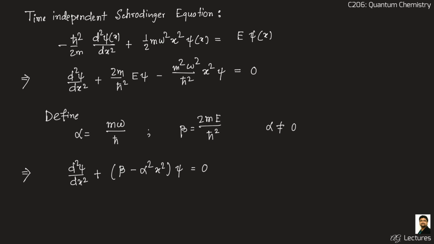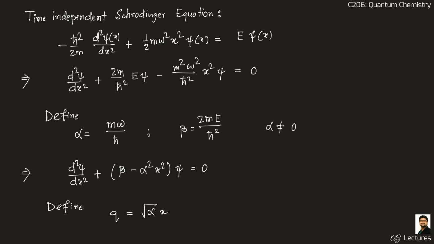So the next step would be that we introduce another quantity. This time it's going to be a variable. The variable is q, and we define q to be equal to root over alpha into x.